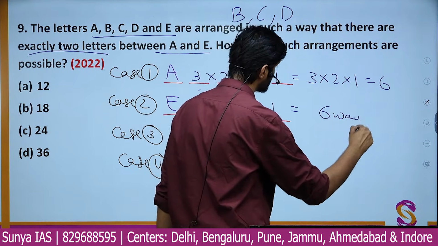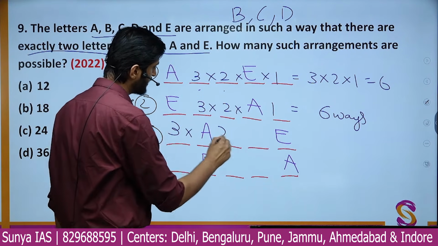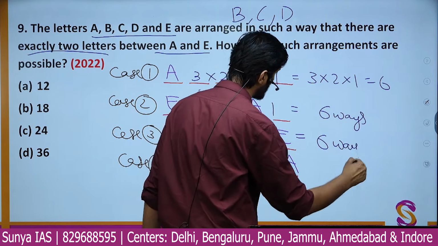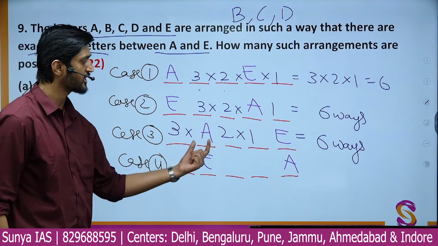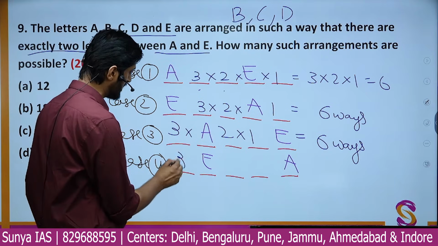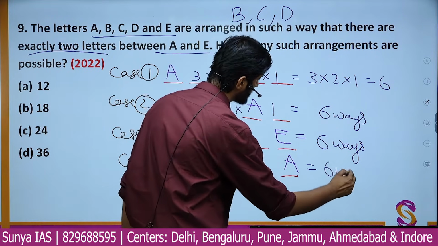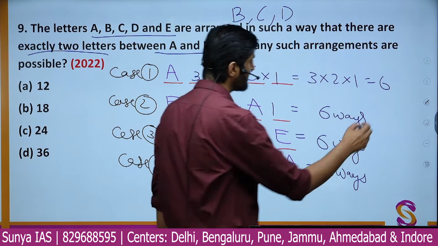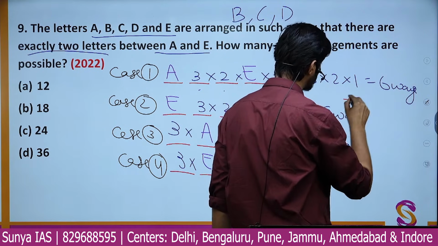Similarly, we have 6 ways of having such words where E and A are occupying the second and the fifth position. Similarly, we will have here 3 into 2 into 1, that is again 6 ways. So overall in 4 different cases, we have 6, 6, 6 and 6 cases. So we just add all of them up.